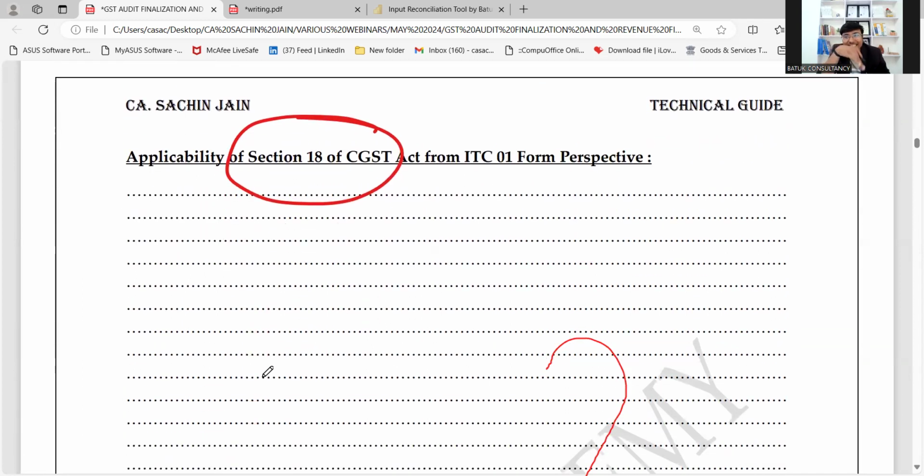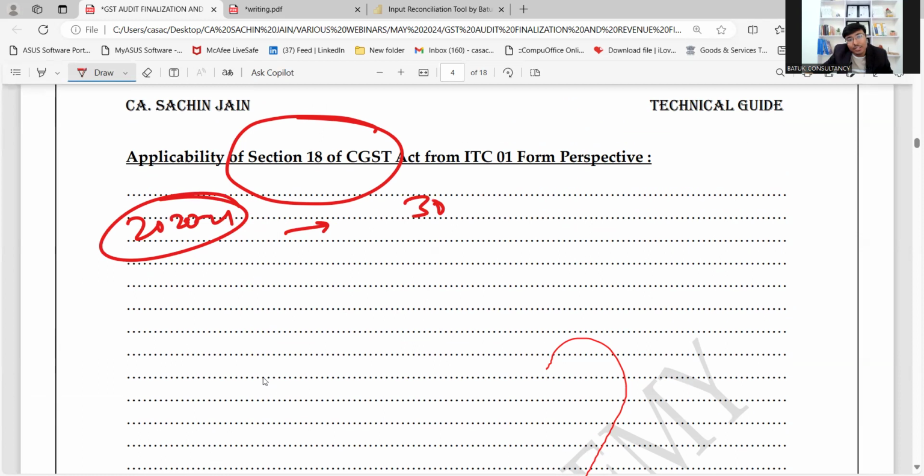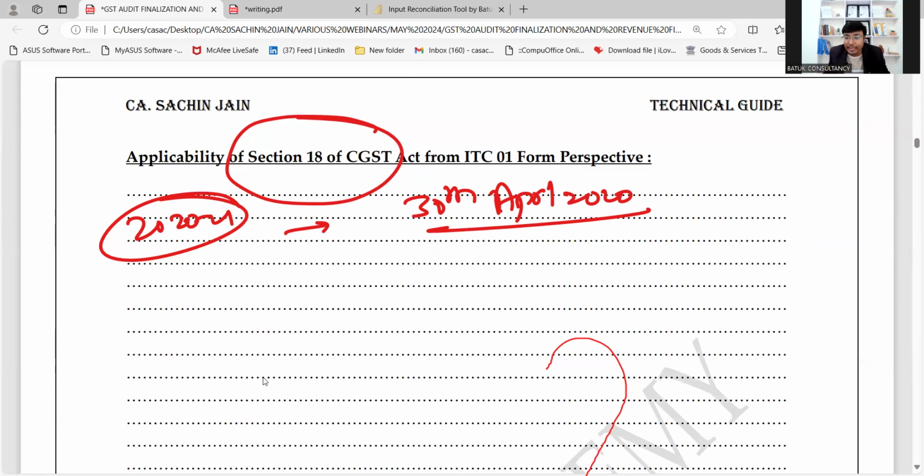Suppose you are doing the audit for financial year 2021, and that person has taken the registration on 30th April 2020, that means in the same year that person has taken registration. That person has taken the GST registration on 30th April itself. In that case, you just need to ensure that the person has taken the GST registration within 30 days.